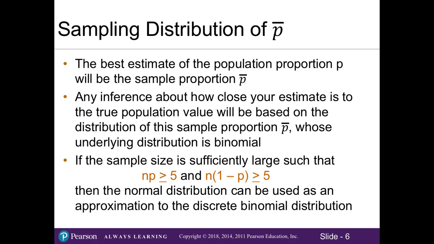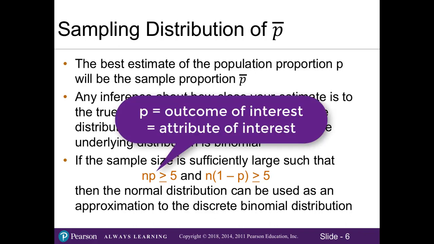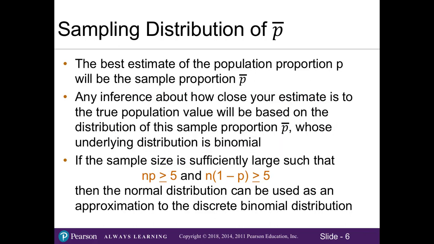When we're working with proportions, to determine if our sample size is large enough, we use the following two formulas, where we take our n, our sample size, times our p, the probability of success for our outcome of interest, and that should be greater or equal to 5. And we will plug in the same n and the p in our second formula, where we'll take 1 minus p and then multiply that by our sample size, and that should be greater or equal to 5.